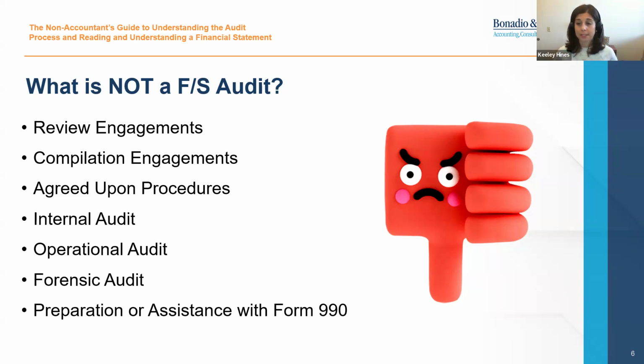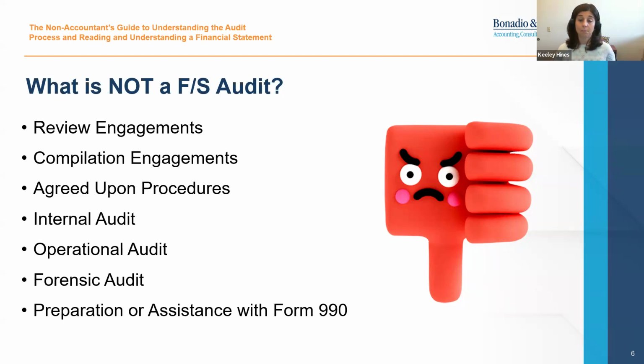And agreed upon procedures. Again, that is how it sounds. It is agreeing on a very specific set of procedures, and we do nothing more, nothing less. So sometimes the nice result of having agreed upon procedures is that you can really zero in on something particular.